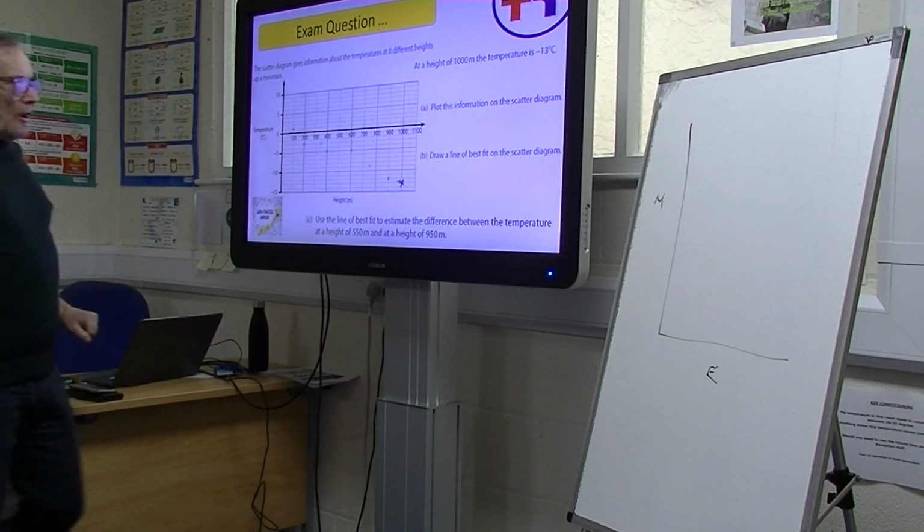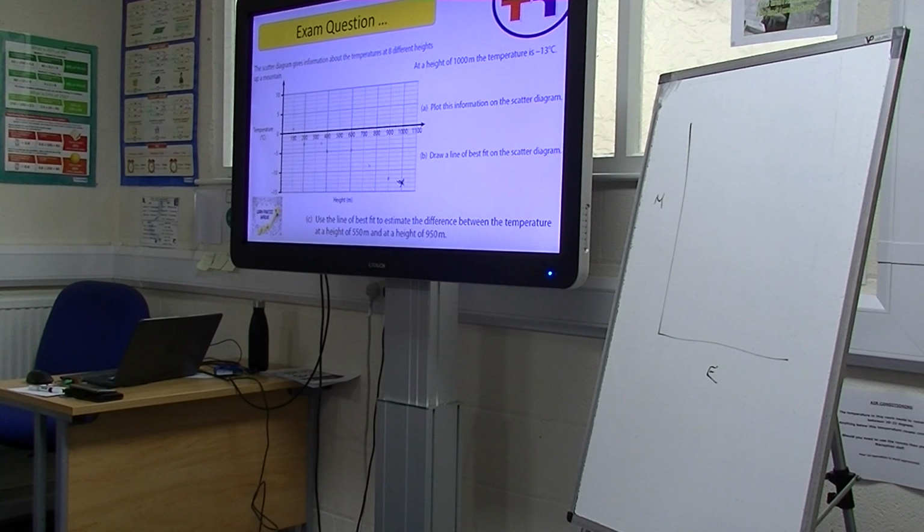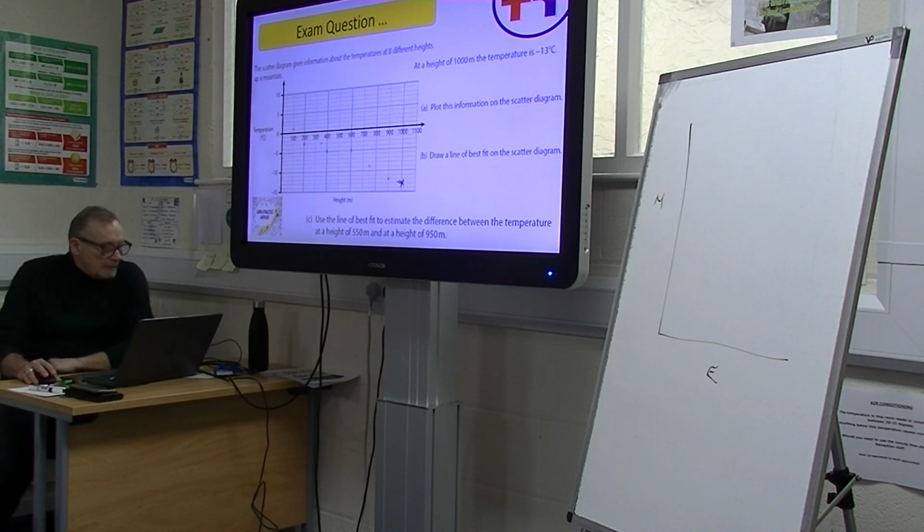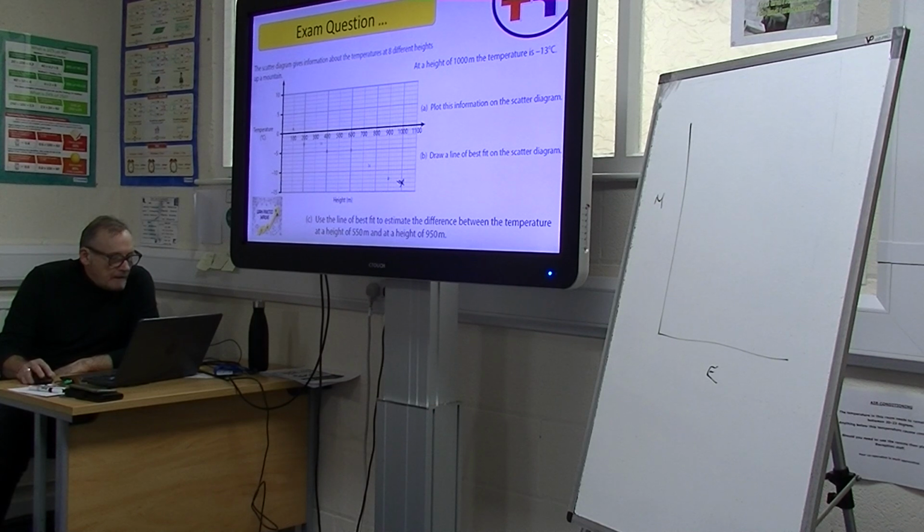B. Draw a line of best fit on the scatter diagram. This is where everybody's line will be slightly different. I might struggle to draw a line of best fit on here. So there's my first one, and there's my last one. My line of best fit is going to be somewhere about, maybe just underneath that one, coming down here as straight as I possibly can.